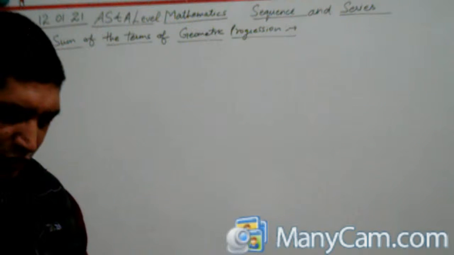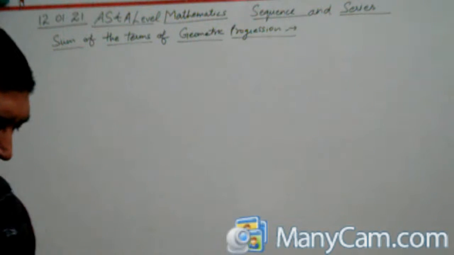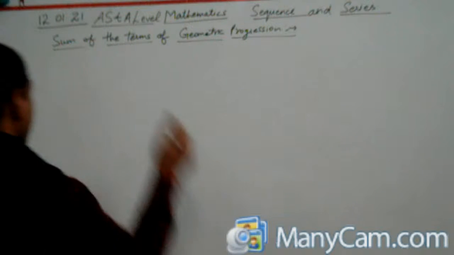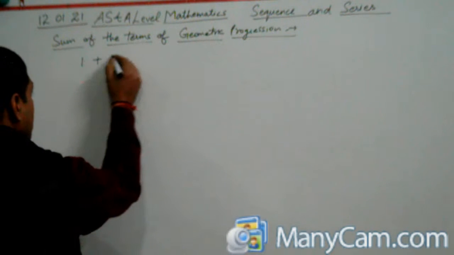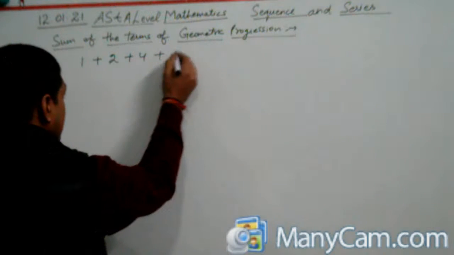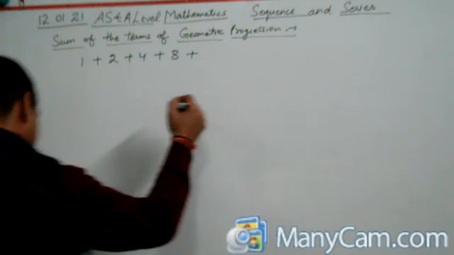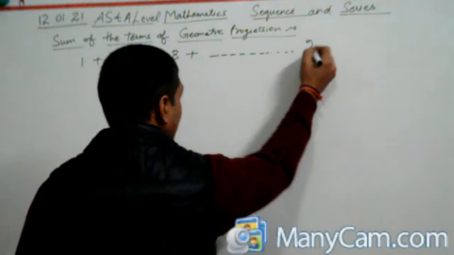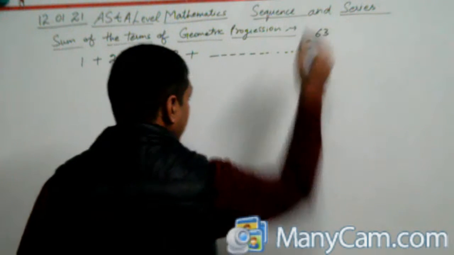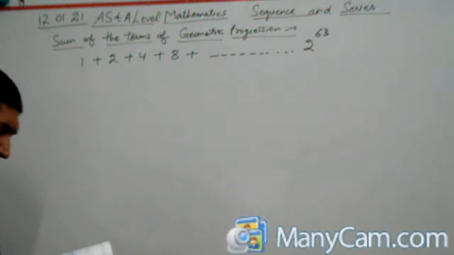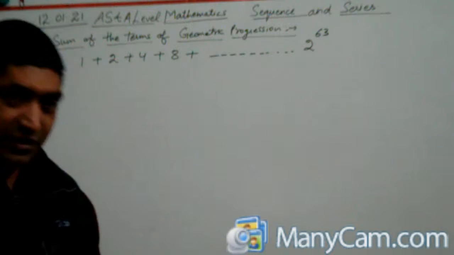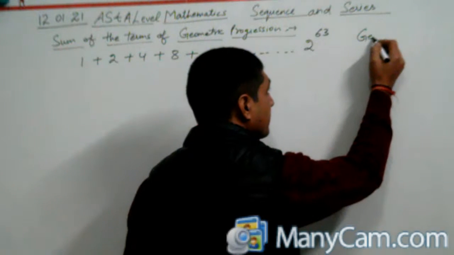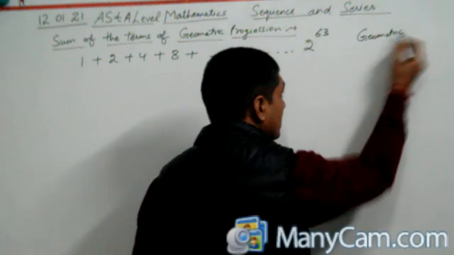Suppose we have one example: 1 plus 2 plus 4 plus 8 plus 16 plus so on up to 2 raised to power 63, right? So this is a geometric series.